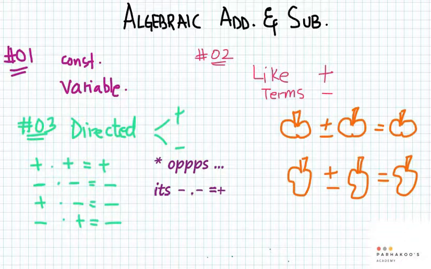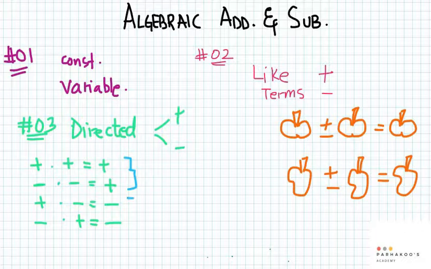Sorry, minus minus is plus. So when you have similar signs with the two different terms, then you need to add them. And when they have different signs, then you need to subtract them.